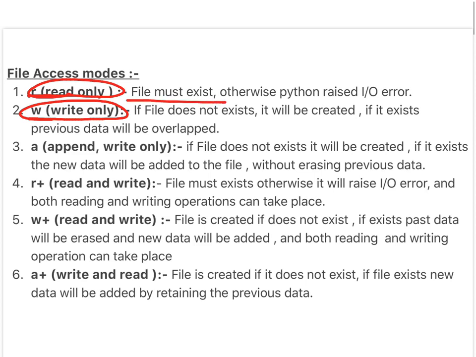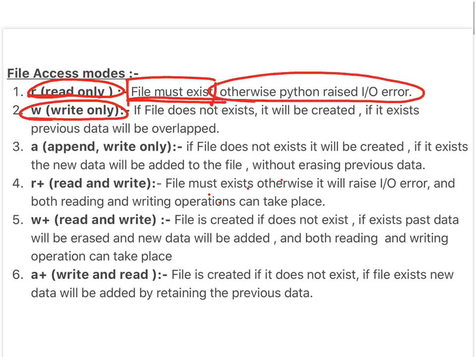It means that the file which you want to open must be created before opening. So if you are going to open the file in reading mode, you must ensure that the file is available there. Otherwise, Python will give you the error that file does not exist, or some errors will be shown to you.